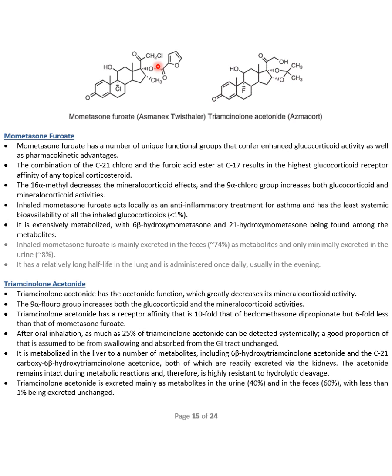And then the presence of the methyl group here, CH3 at position 16, would decrease the mineralocorticoid effect, and the addition of the chloro here at position 9 would increase both glucocorticoid and mineralocorticoid effect. The rest you could read on your own.